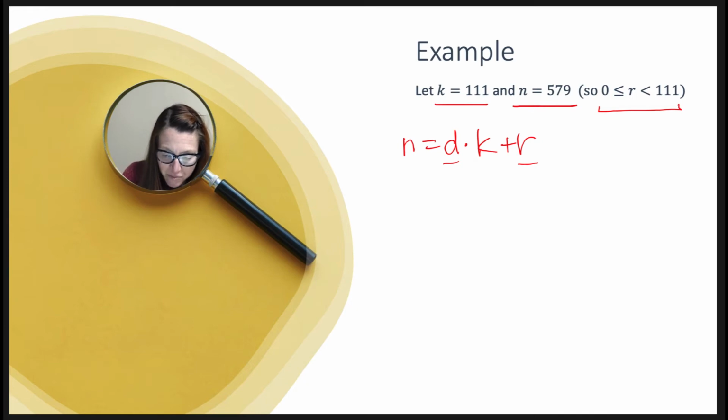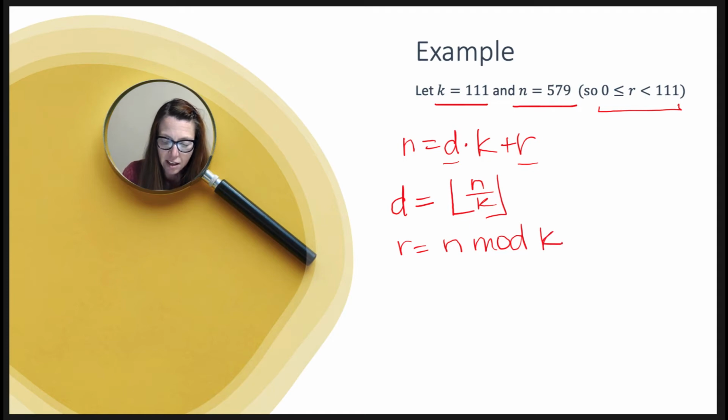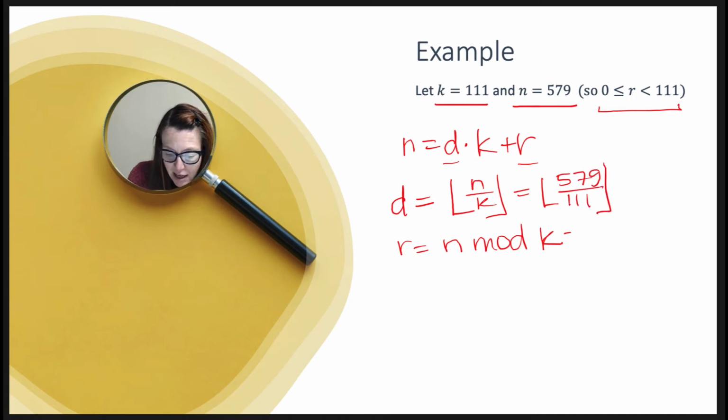And we said that d is going to be the floor of n over k, and r is going to be n mod k. So in this case, d is the floor of 579 divided by 111, and r is 579 mod 111.